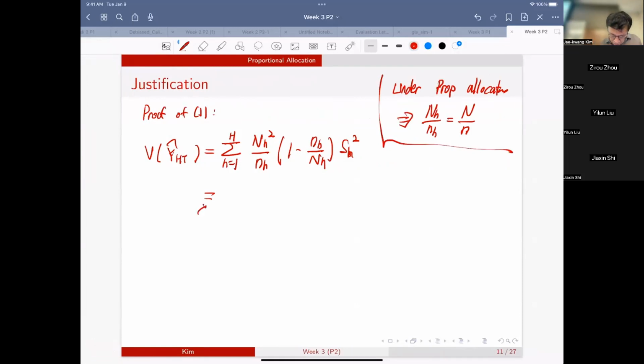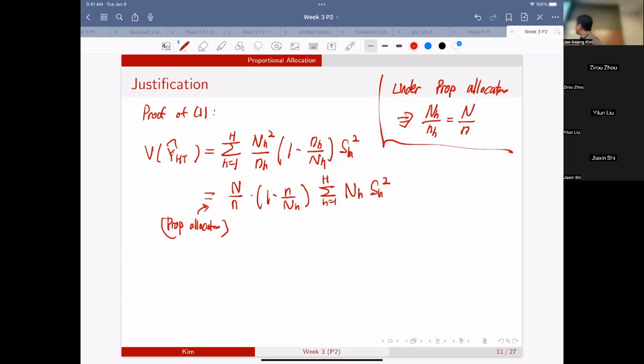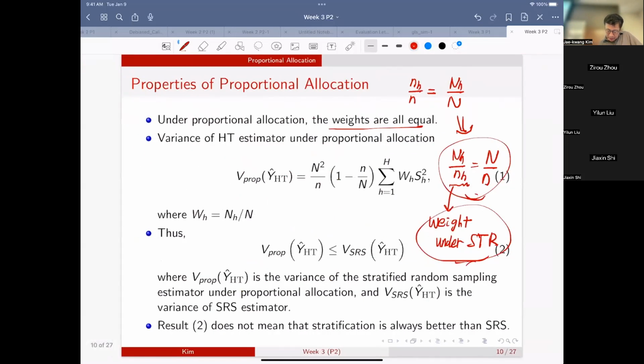So that means on the proportional location, we can actually have n_h. And then what we want to compare, okay.